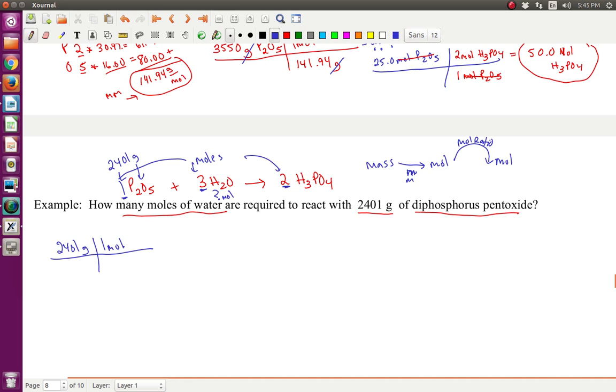I've already calculated the molar mass, and it's 141.94 grams, just like it was on the top. The grams cancel out, and now I have moles of diphosphorus pentoxide. I've got to remember to write the molecule down.